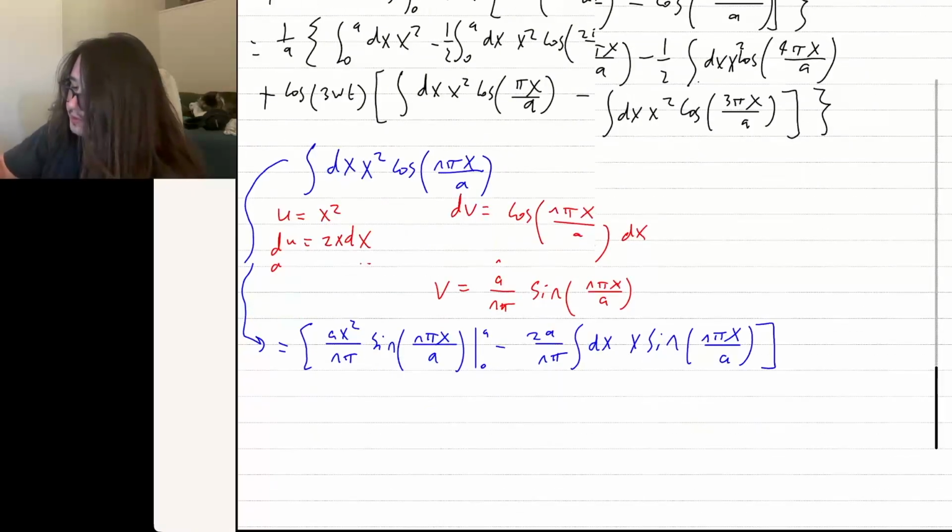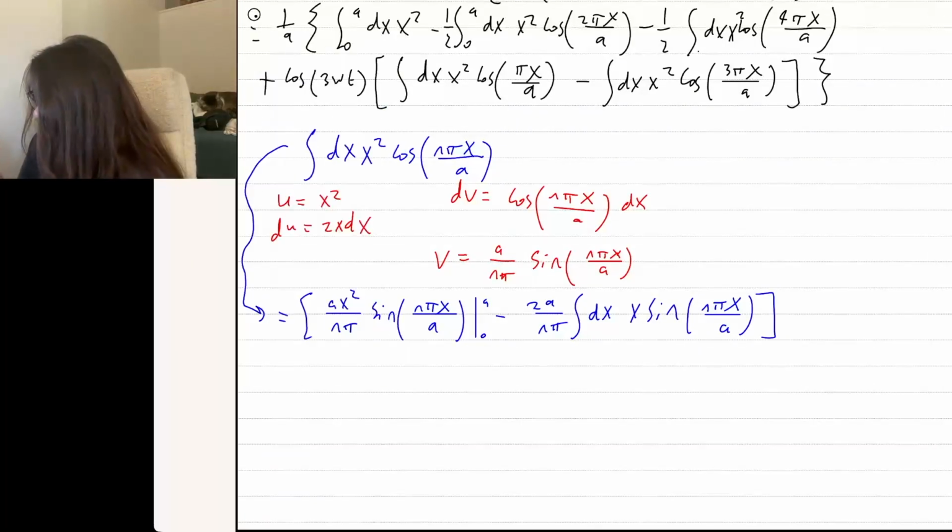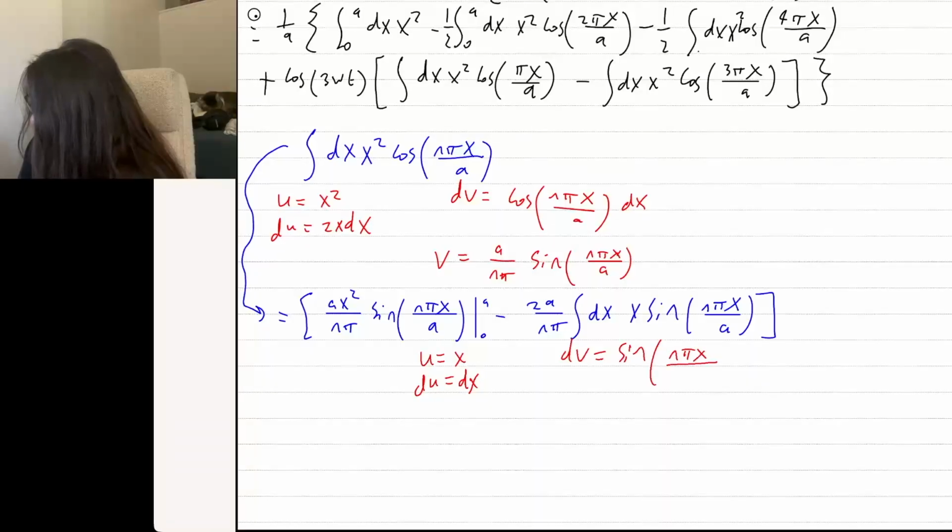So I'm going to do integration by parts again to do the inner integral there. This time u is x, du is dx, dv is sine of n pi x over a dx, and v is going to be minus a over n pi cosine of n pi x over a.